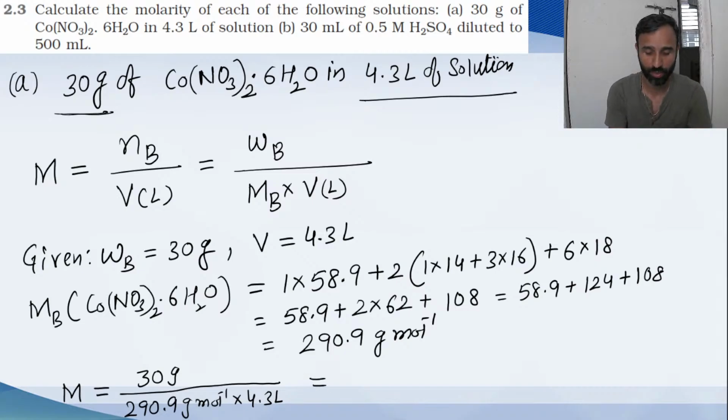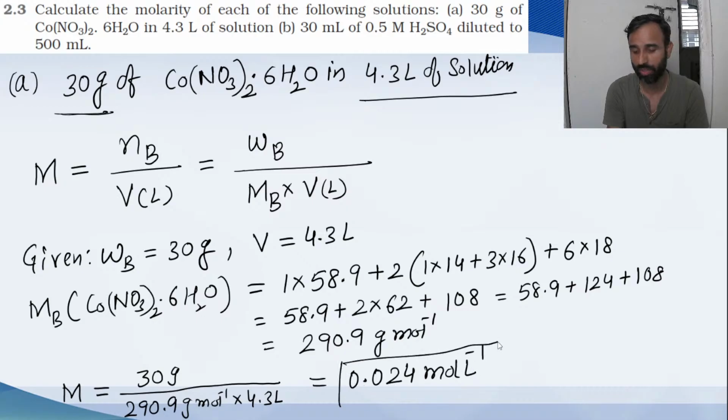It comes out to be 30 divided by 4.3 divided by 290.9. It is 0.024 mole per liter. So this is the answer of part A.